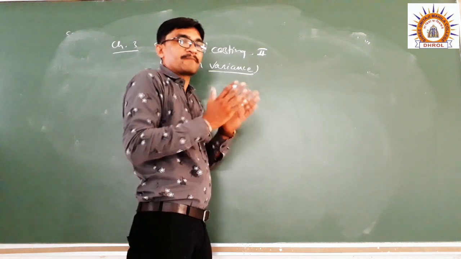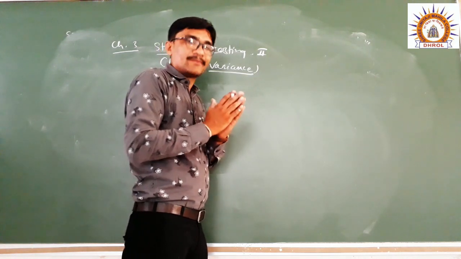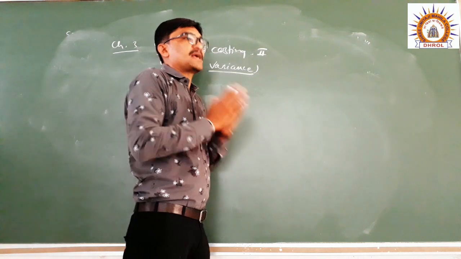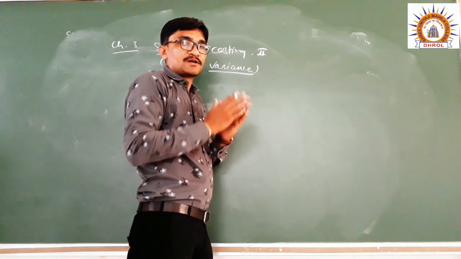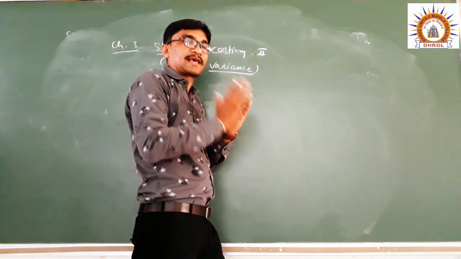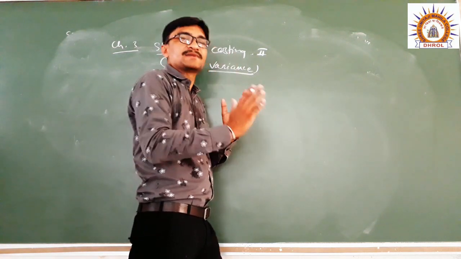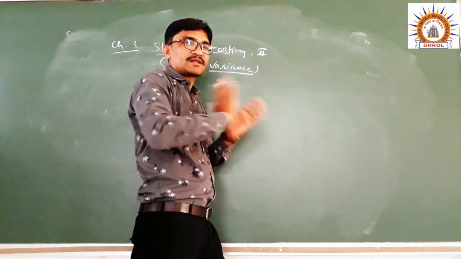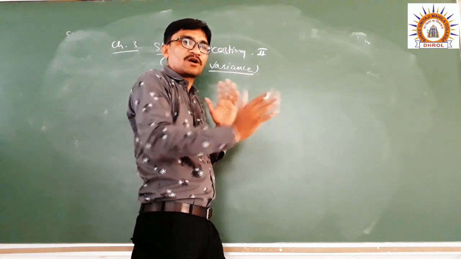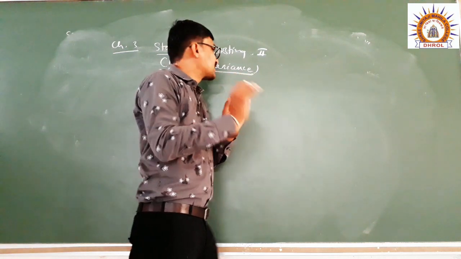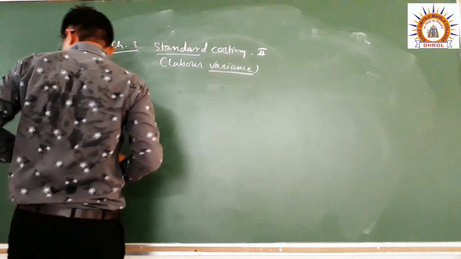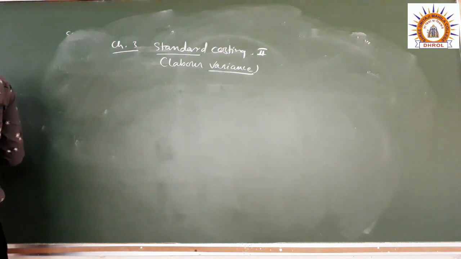Some are skilled labor, some are semi-skilled labor, and some are unskilled labor. So find out the difference between skilled, unskilled, and semi-skilled, and whatever the difference, either favorable or unfavorable, this is the variance. We can call that labor variance. This is the simple understanding.